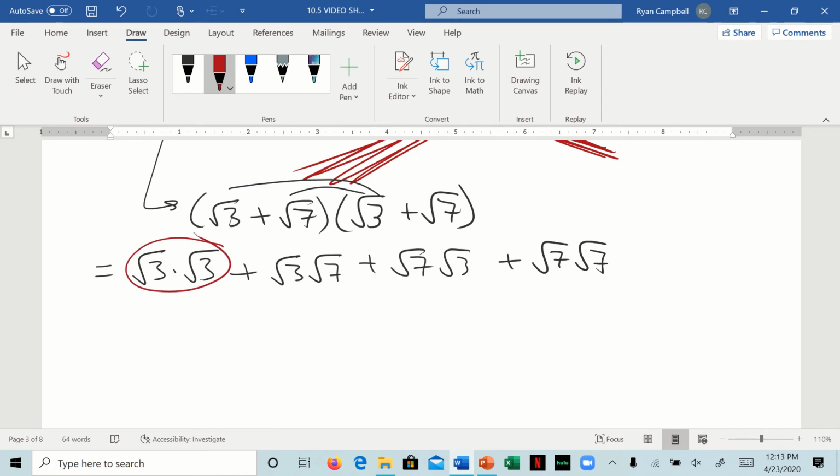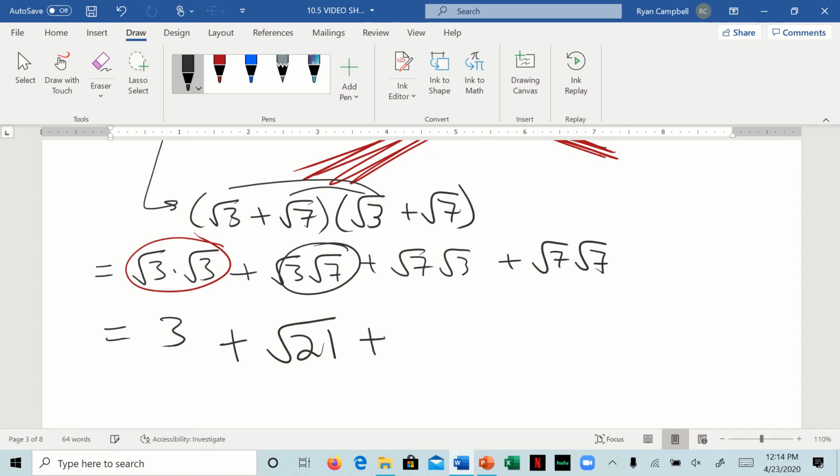Square root of 3 times square root of 3 is just 3. Square root of 3 times square root of 7 is square root of 3 times 7, which is square root of 21. Same thing when you just flip them, square root of 21. And then square root of 7 times square root of 7 is just 7.